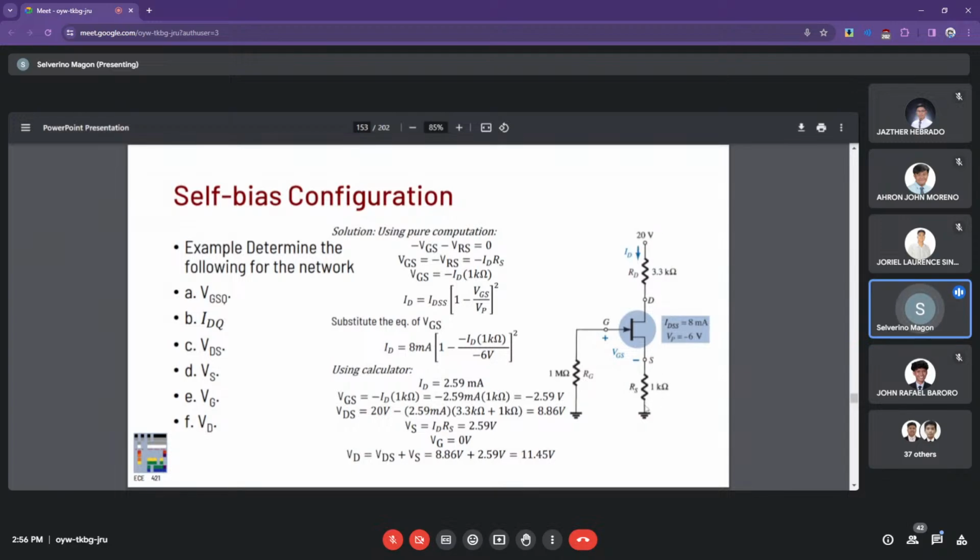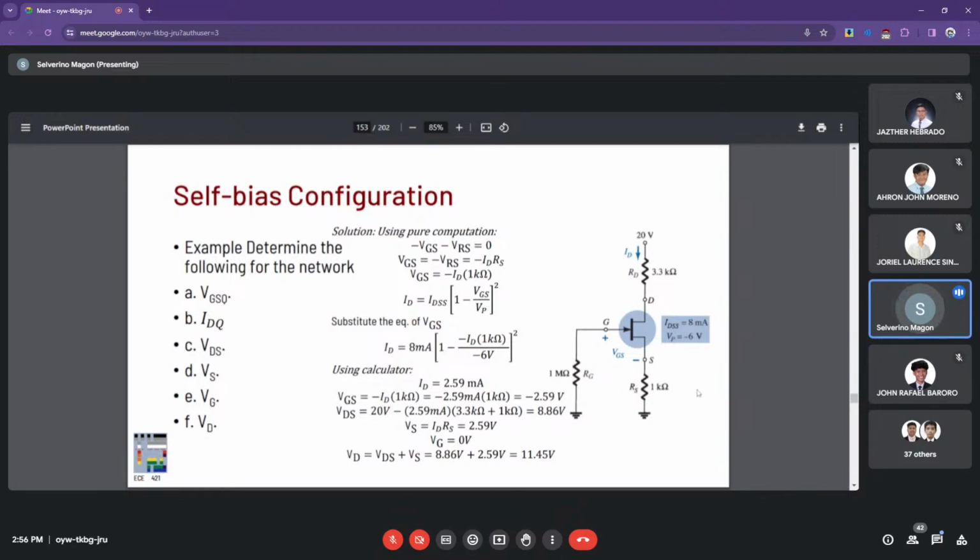Now, rearranging these terms, we can have this equation here. So we have 20 minus ID RD. You have the VDS transposed at the left side already. And then ISRS is right here. Since IS is essentially the same thing as your ID, we can lump these two things together. Then we can come up with the VDS value at 8.8.